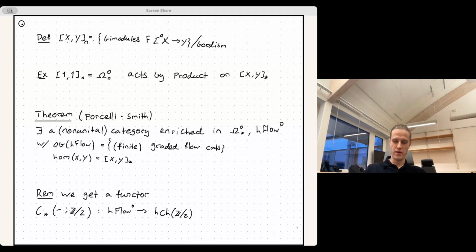And as an example, by what we saw earlier about what flow bimodules on the 1-point flow category correspond to, if we consider this set of bordism classes, we get exactly the nth bordism group.